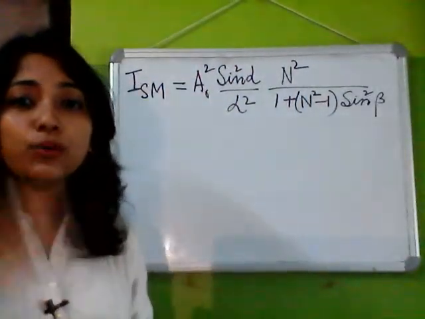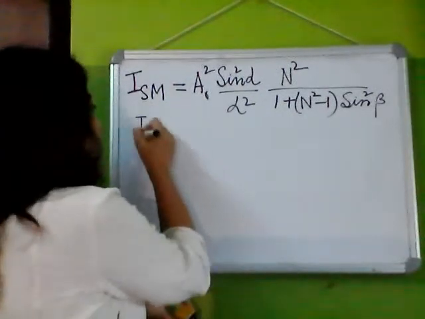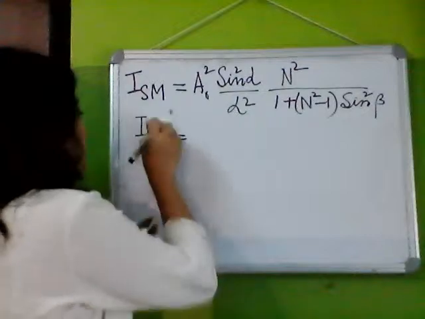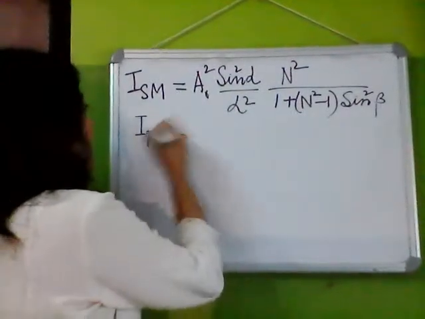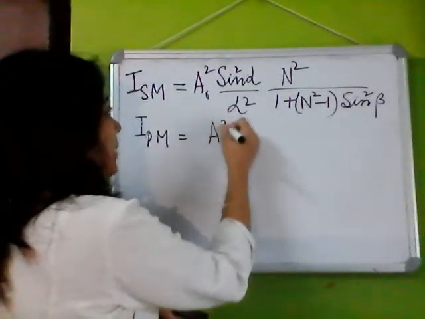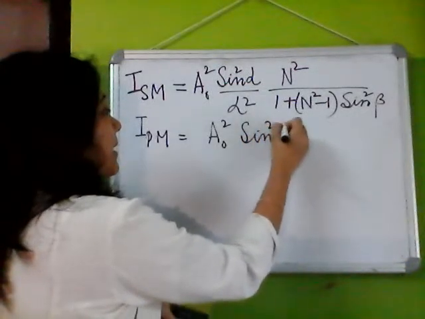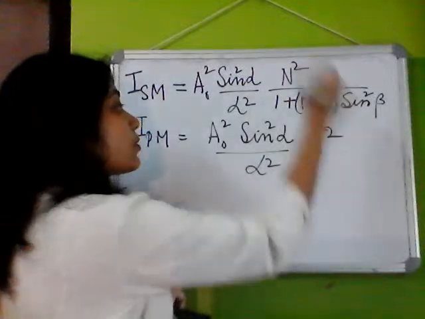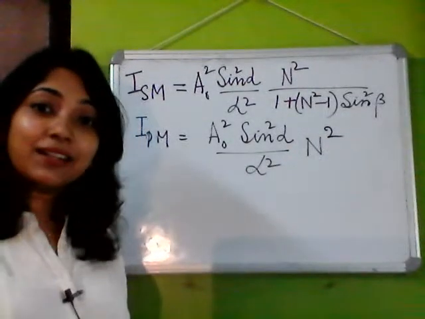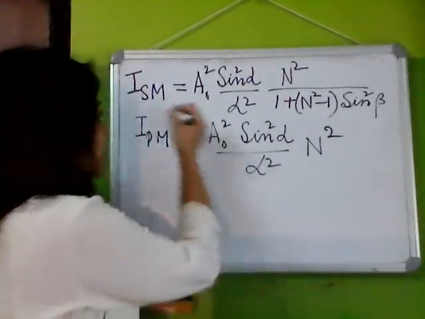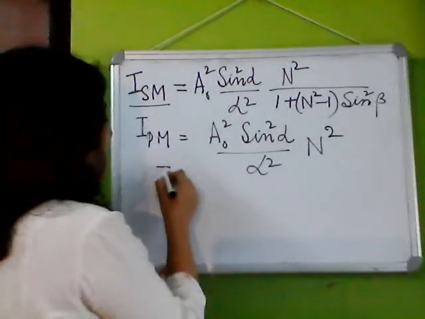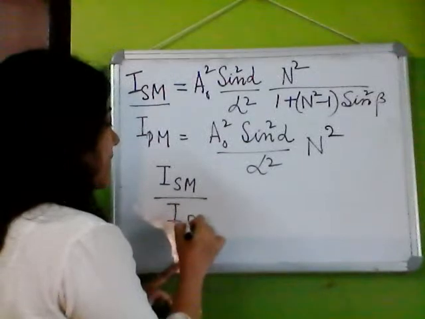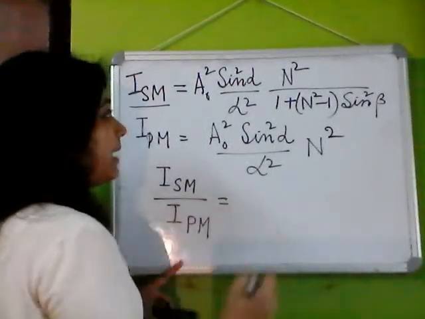However, reminding you, what was the intensity of the central maxima, remember? Or the principal maxima. The principal maxima, let me write it down, it was A0 square sine square alpha by alpha square into n square. Correct? So if I ask you what is the ratio of the intensity due to secondary maxima and intensity due to primary maxima, what will be my value?